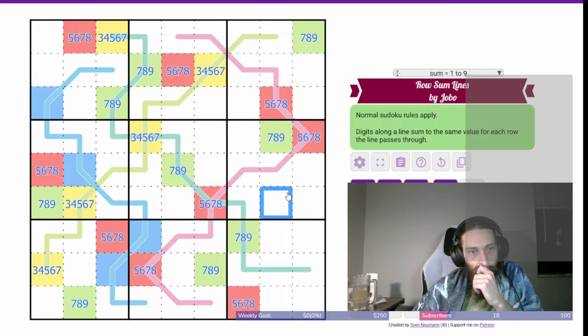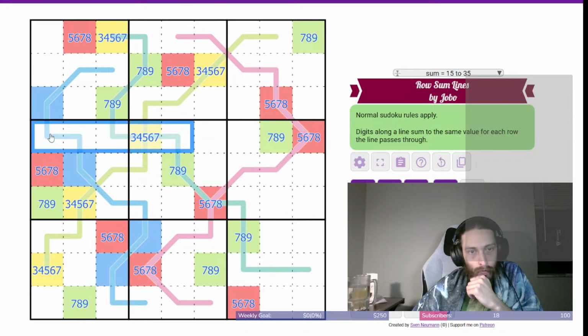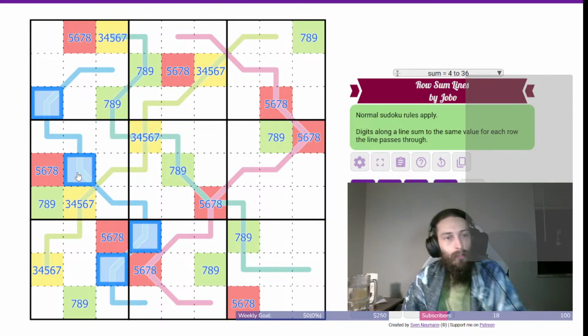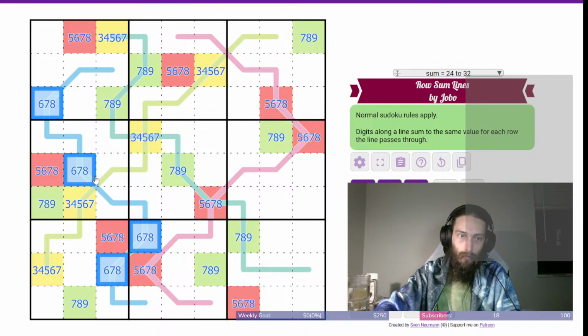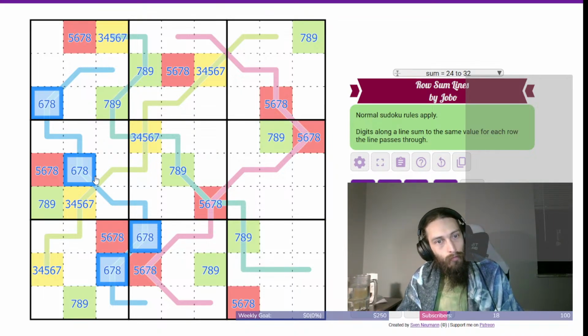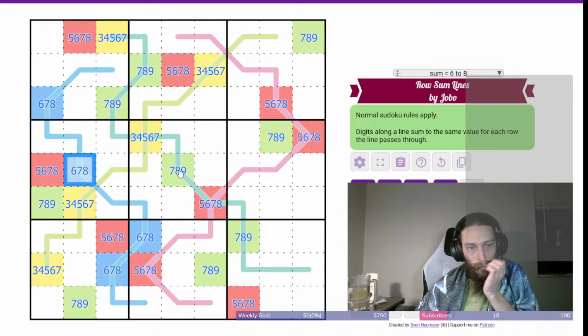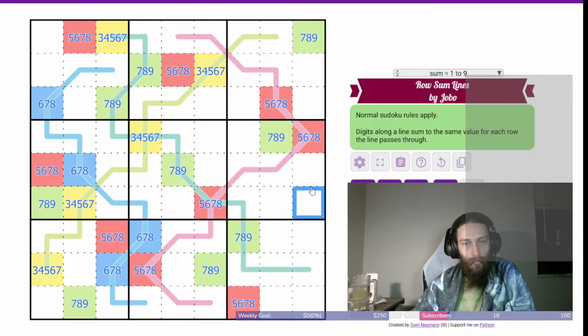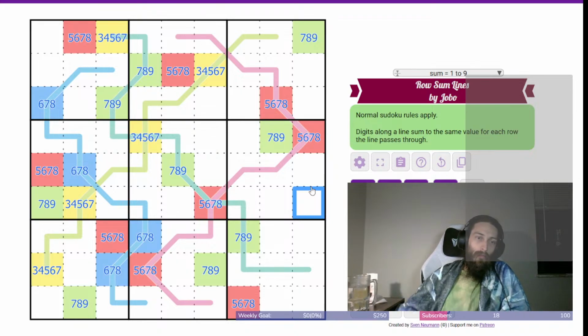And green is the only one that has 3, right? Yes. Okay. But because this lines up to being 15, that means blue has to be 6, 7, 8. Right. Because blue and green have to be 15. Minimum. Minimum, yeah.